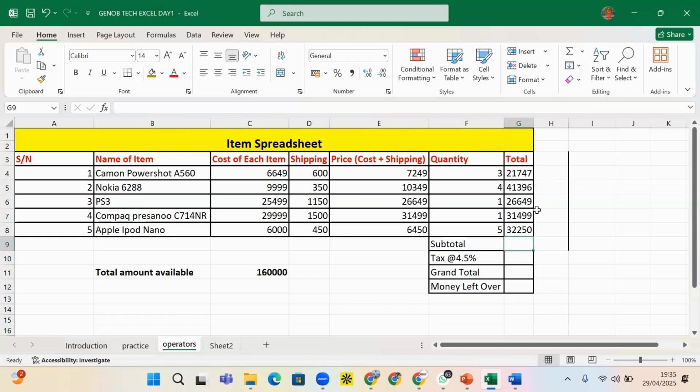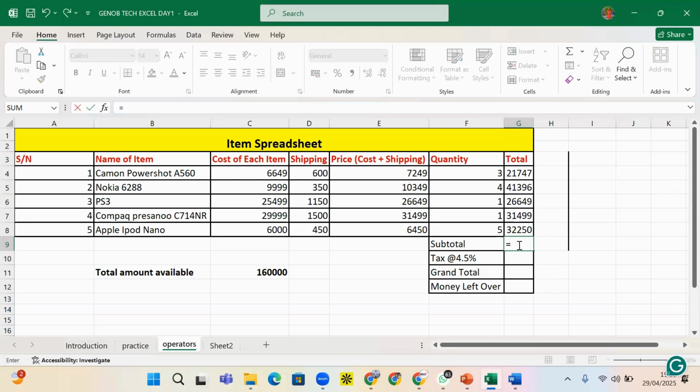Then this is the subtotal. How do we calculate the subtotal? The subtotal is the addition of all these totals together. Let's just use the operator, since we are dealing with operators: equal to G4 plus G5 plus G6 plus G7. You see how it's wasting our time? Let me take it again.